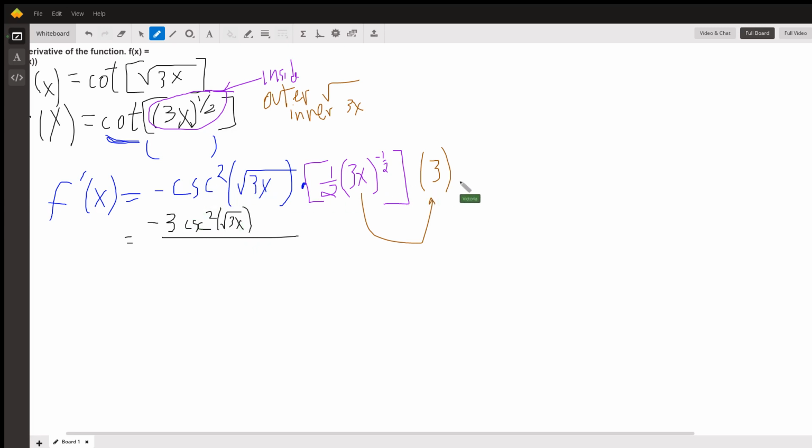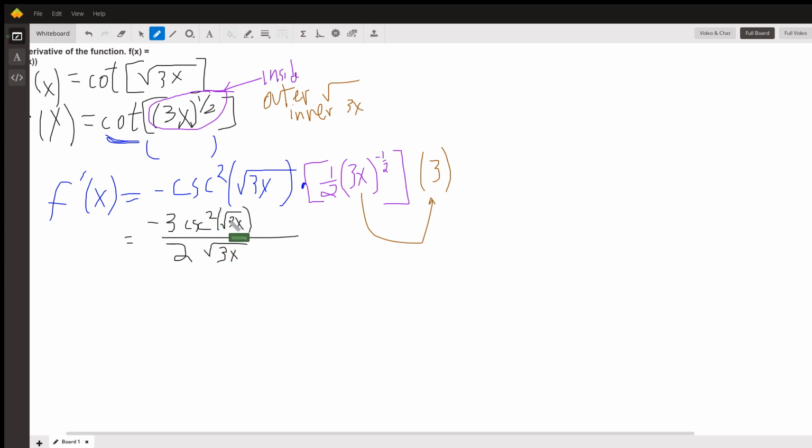So those are on top. This 2 is on the bottom. And because this has a negative 1/2, that puts a square root of 3x on the bottom.